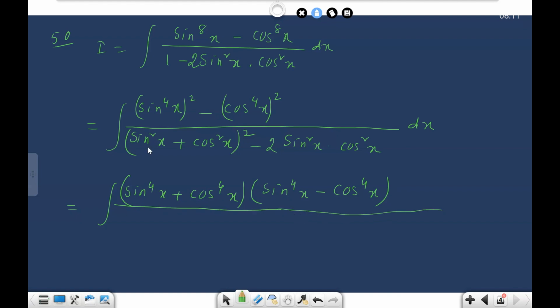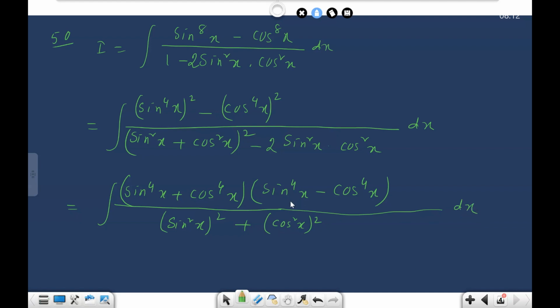Is it not of the form a plus b whole square minus twice ab, and that is equal to a square plus b square. So a square is sine square x whole square, plus b square, where b is cos square x, and then whole square dx.